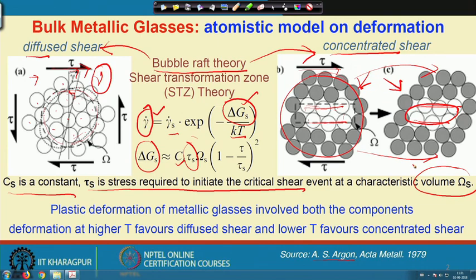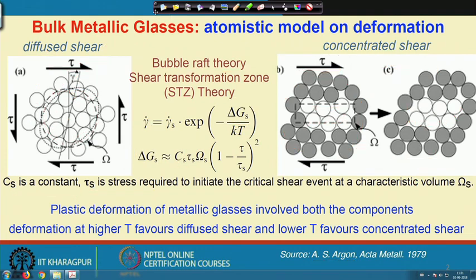It has also been proposed by Professor Argon that even though we see diffuse or concentrated shear, at any deformation temperature the shearing event has two different components. Both components may be active. However, the relative contribution of each component could be different.